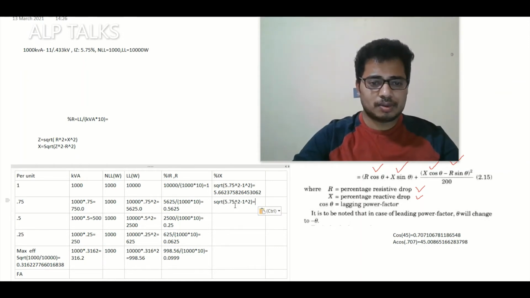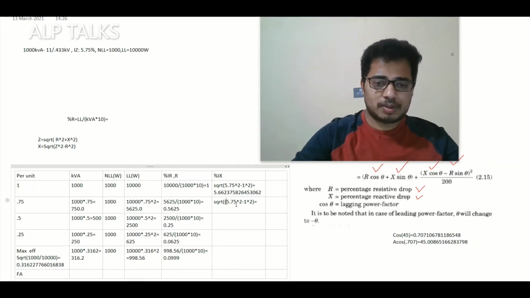Similarly, we can calculate the reactance for other loads, but for other loads the 5.75 is not exactly 5.75. It will be a lower value, because it changes with respect to the load.